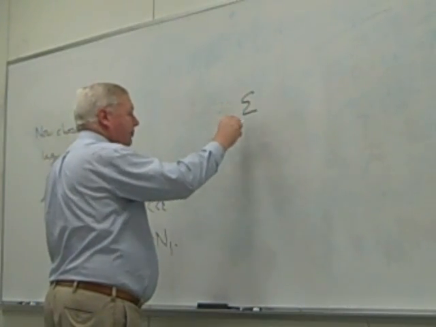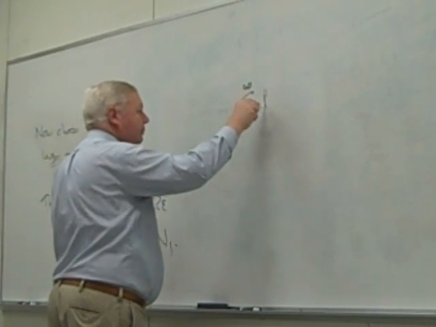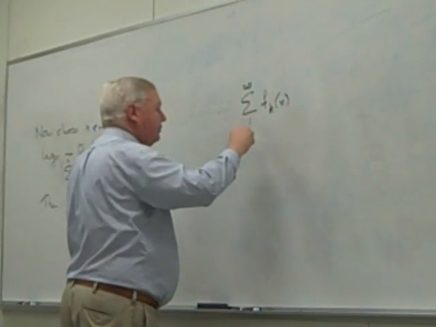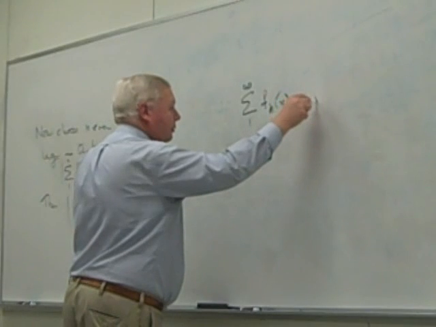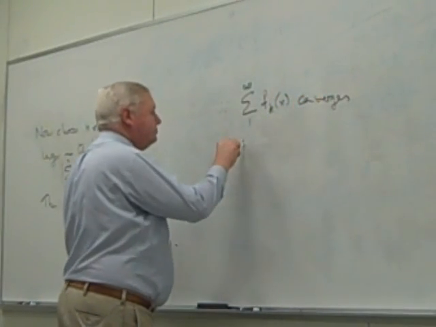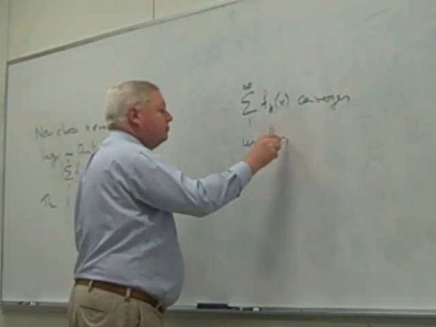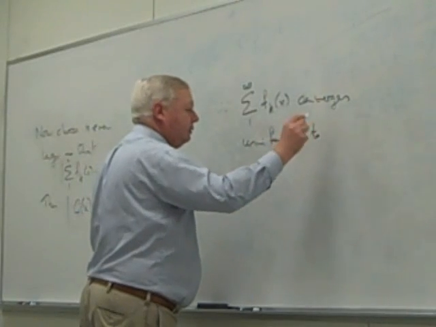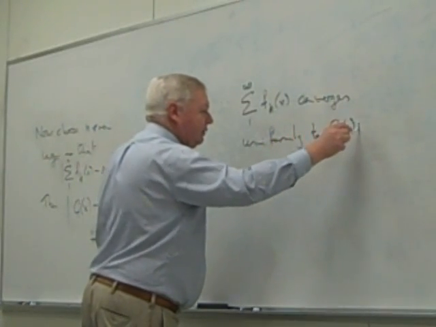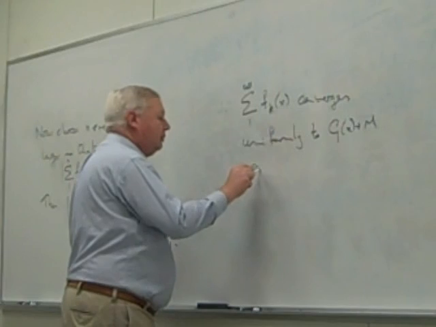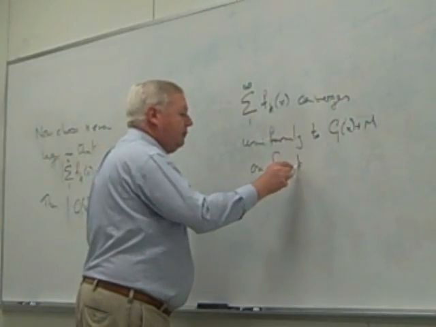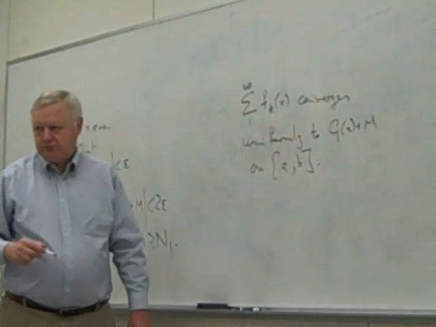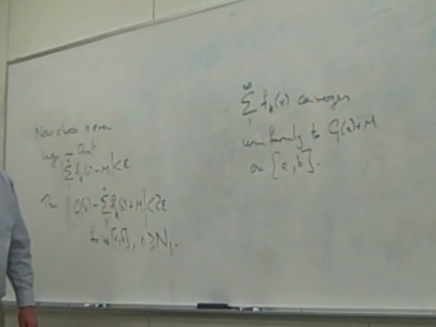Therefore, the sum from 1 to infinity of fk of x converges uniformly to capital G of x plus m on the interval AB. So that's the last fact.